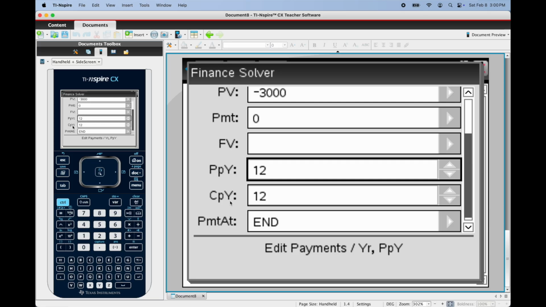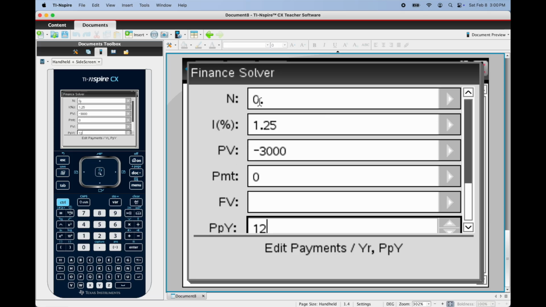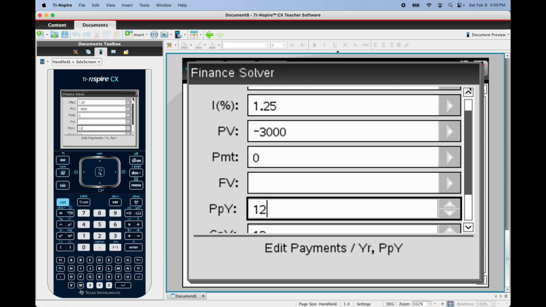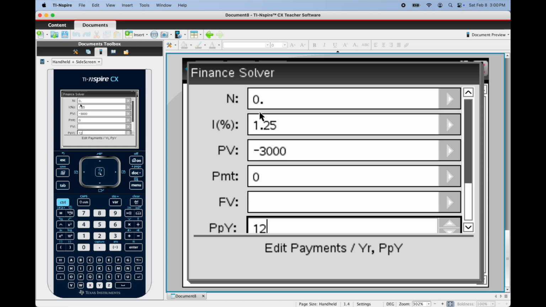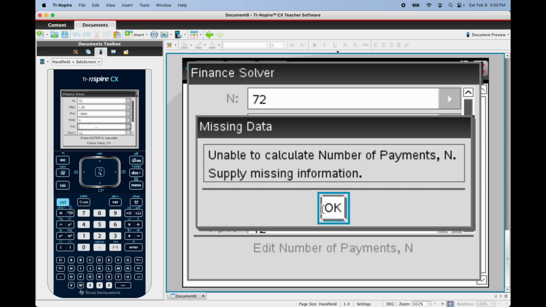It's just going to be a lot easier in terms of calculating the total number of payments. Total number of payments is connected with PPY, and the bank gives us interest 12 times a year because it's compounded 12 times a year. So the total number of payments, 6 times 12, 72 payments.